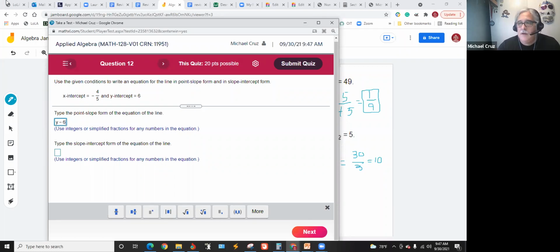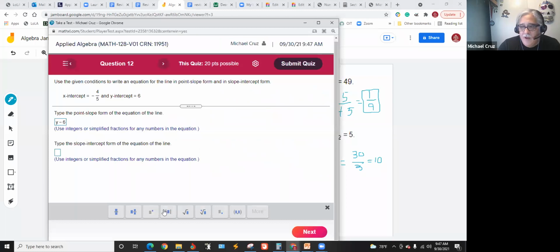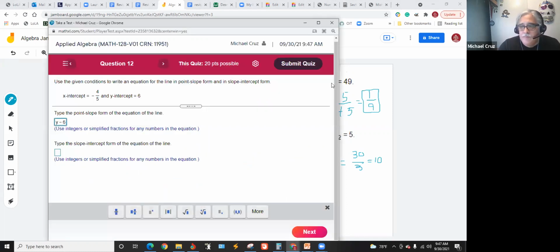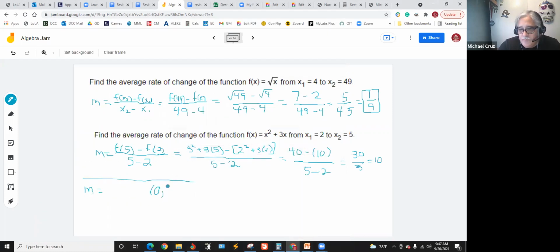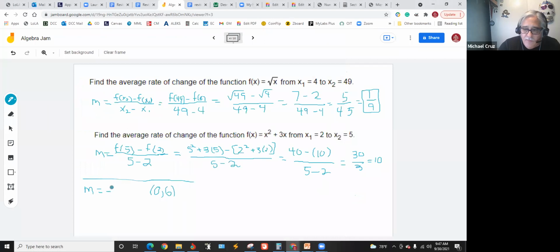So, they're giving us two things. So tell us it's a y-intercept. So that's 0, 6, and then the slope is negative 4/5.